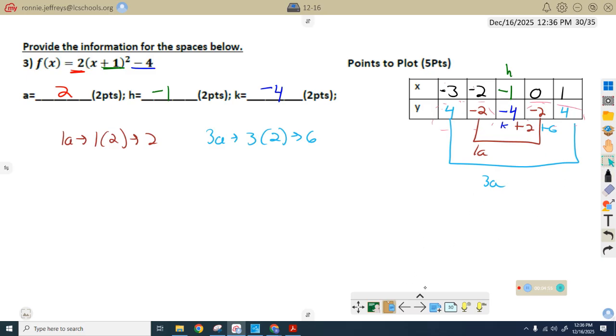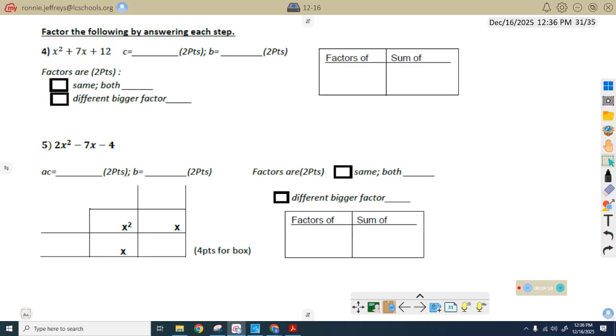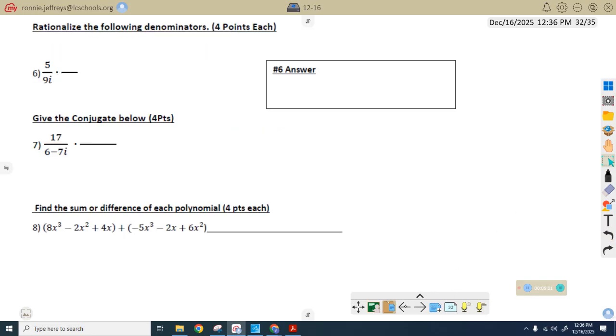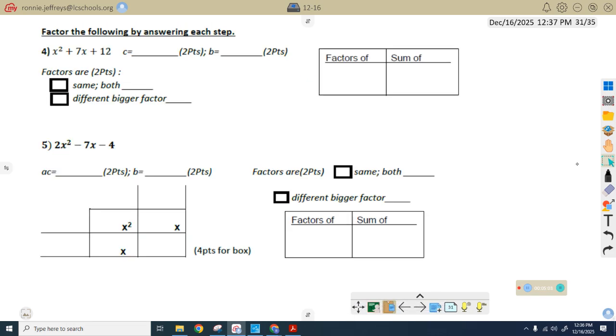All right, go to number 3. All right, number 4. All right, C. Remember, this is ax squared plus bx plus c. So C is going to be right here.